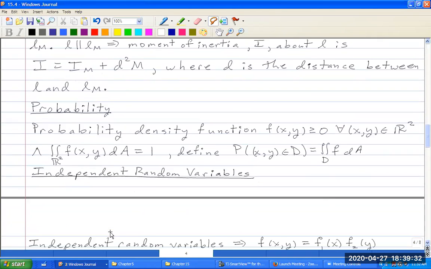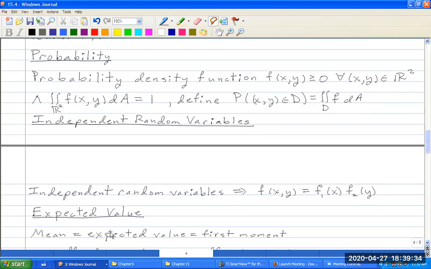Probability. I'll be telling you some more about moments when they involve probability. A probability density function f: f is a probability density function if f is greater than or equal to 0 for all points, and if the integral of f over R n is 1.